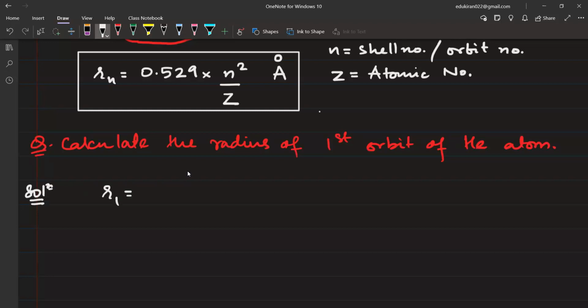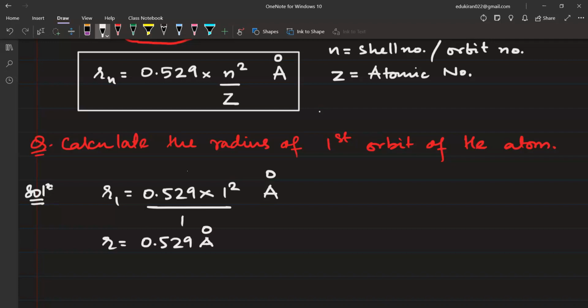Radius of the first orbit will be equal to 0.529 multiplied by orbit number, tell me, orbit number is? 1 square divided by, what is the atomic number for a hydrogen atom? Yes, very good. 1. And you will get this value in angstrom. So what is the radius? Radius will be equal to 0.529 angstrom. Yeah. So no, please tell me.